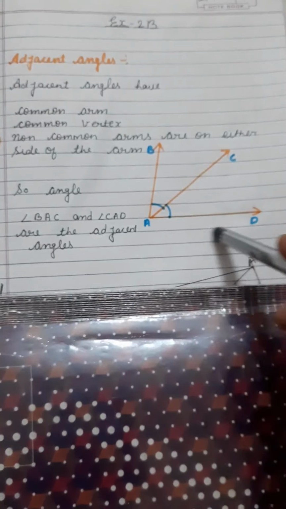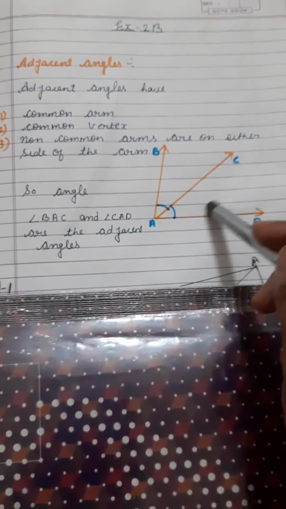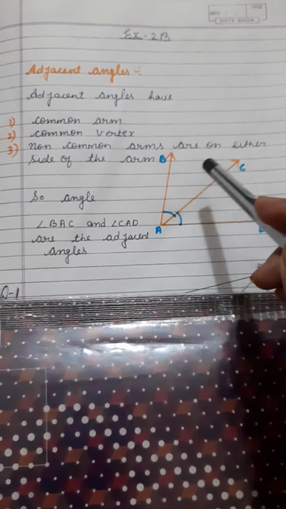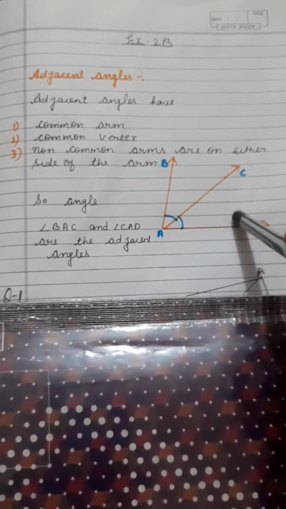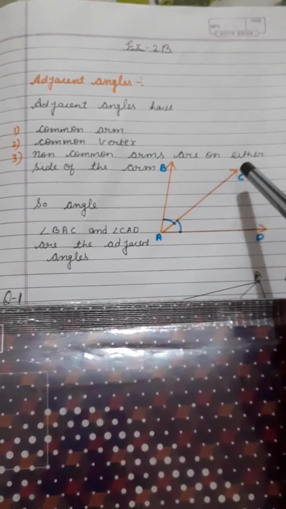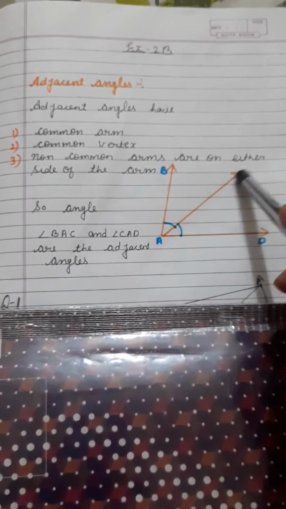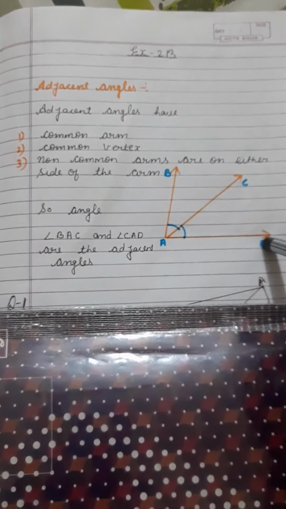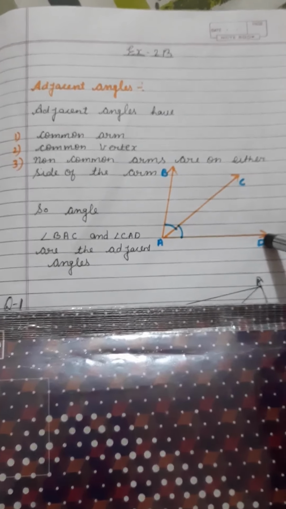Look at this figure. What are you observing? Here one arm AC is common to this angle BAD. This AC is the common arm. Common arm means this AC arm is dividing the angle BAD.